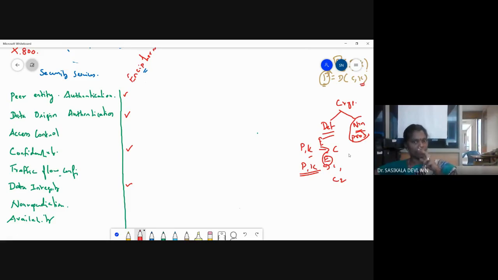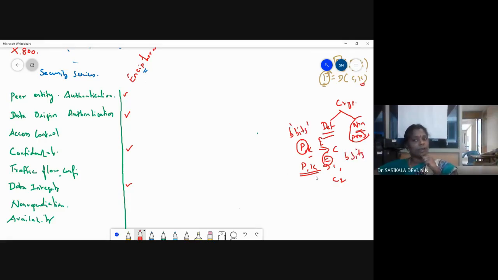If you take the AES algorithm, DES algorithm, elliptic curve or RSA, and the plain text is B bits, the ciphertext is also B bits.